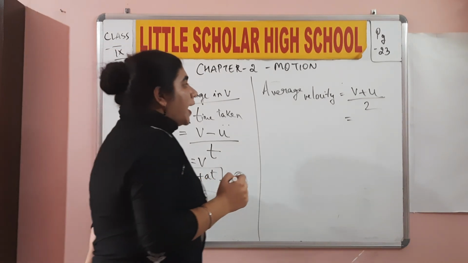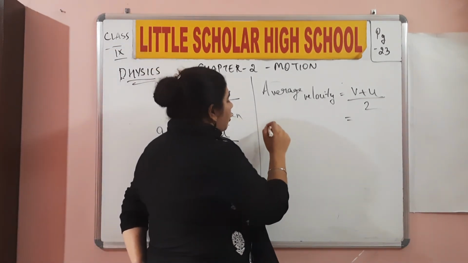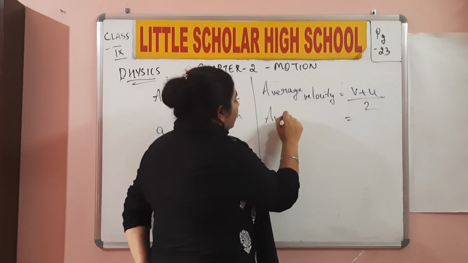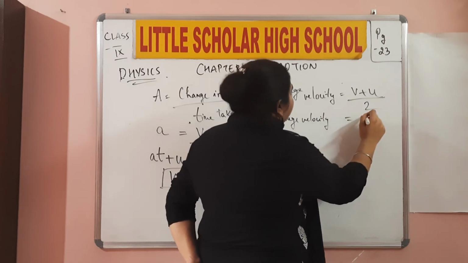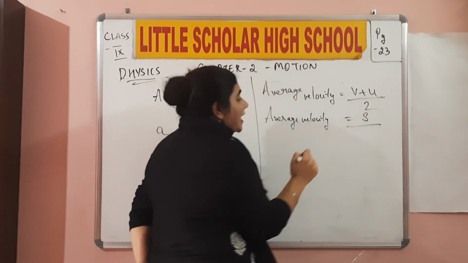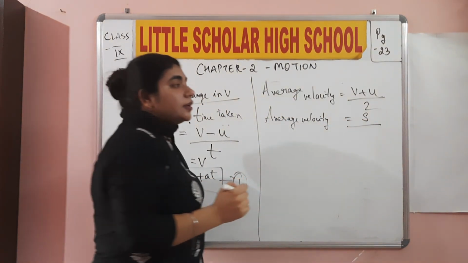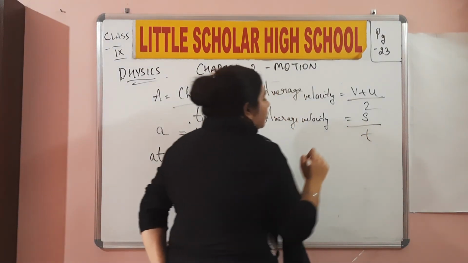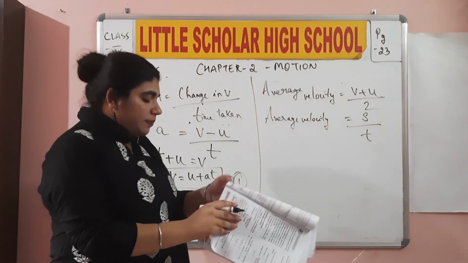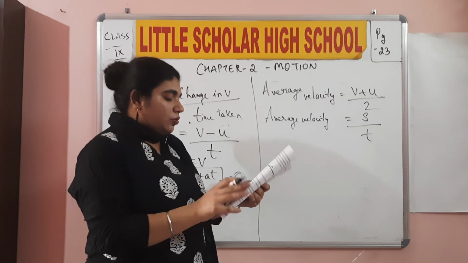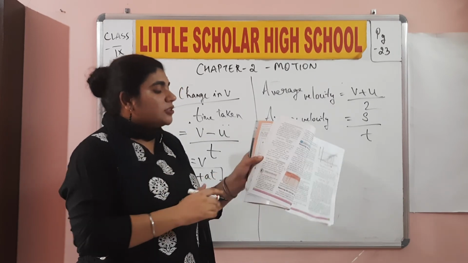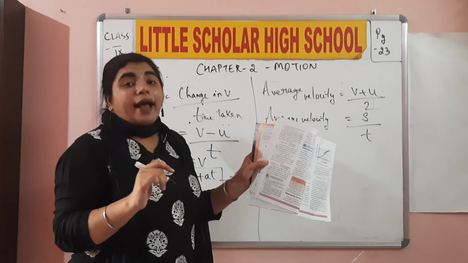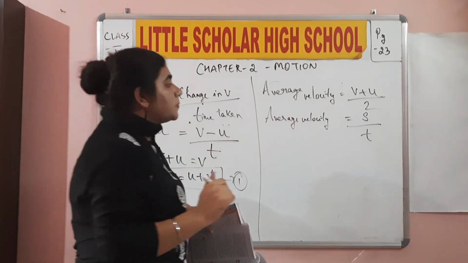Now, average velocity has another formula that we have studied. Average velocity is equal to displacement by time. Displacement is given as s in our question and the time will be given as t. On page number 16, we have the formula: average velocity is equal to displacement by time taken.